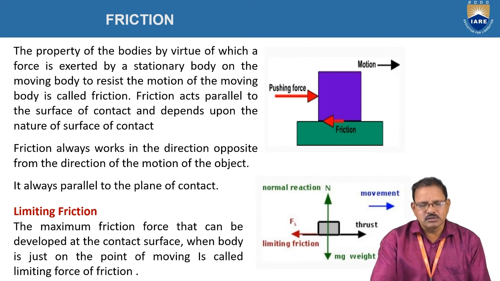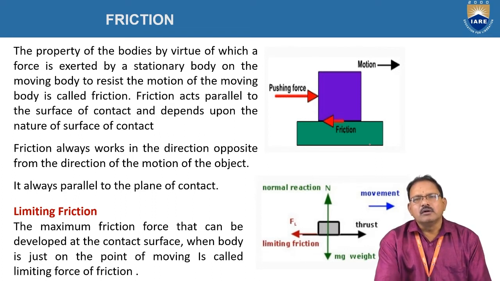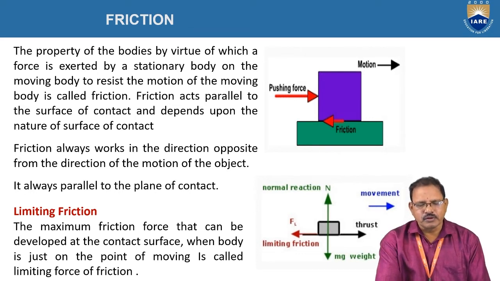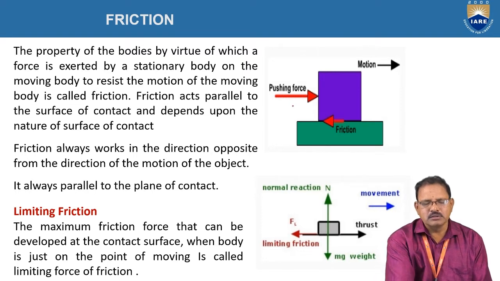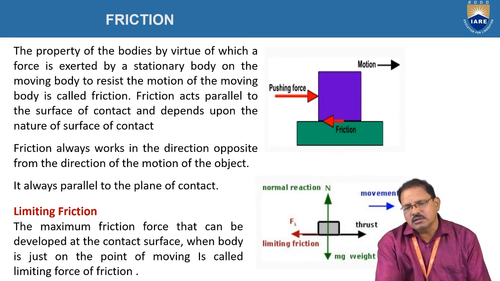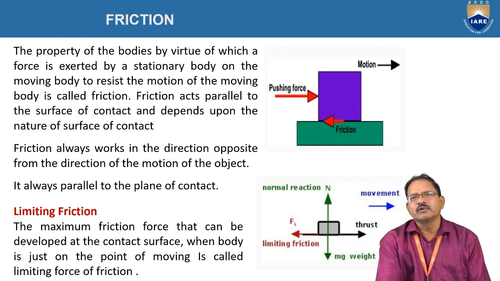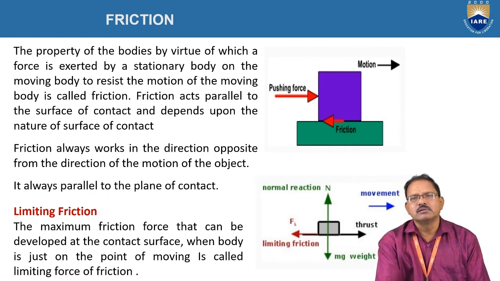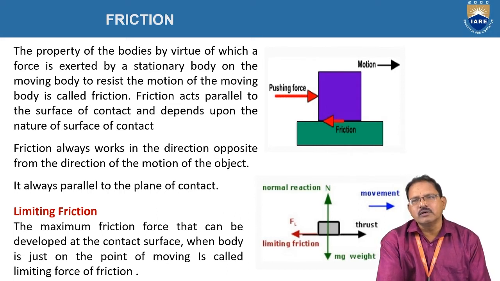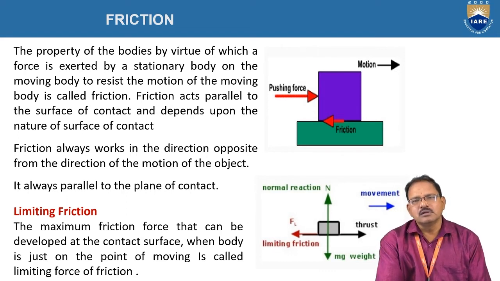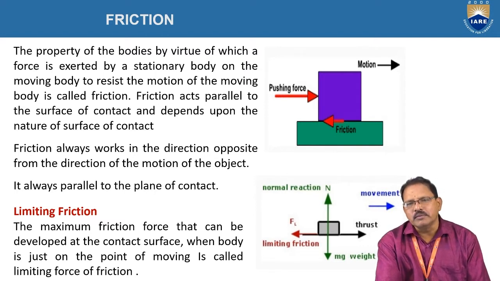When the object is stationary, the friction force is treated as zero. When a pushing force P is applied over the object, as shown in the figure, the body tends to move in the direction of the applied force. On increasing the force gradually, the friction force is also proportional to the applied force up to a certain limit.